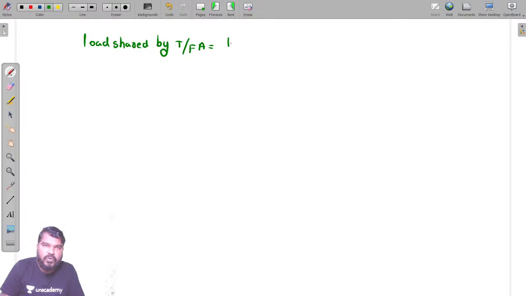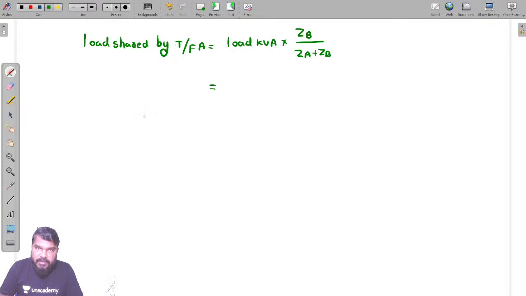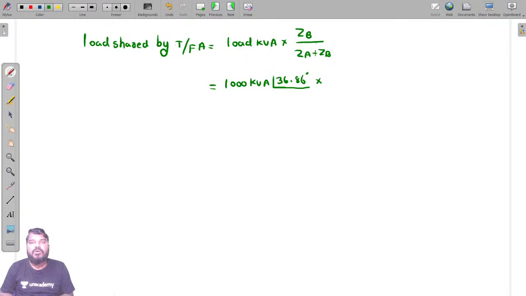That is equal to load KVA multiplied by ZB by ZA plus ZB. So now this value is the load shared by transformer A. It is 1000 kVA at an angle of 36.86 degrees, right? So now it is equal to multiplied by ZB.